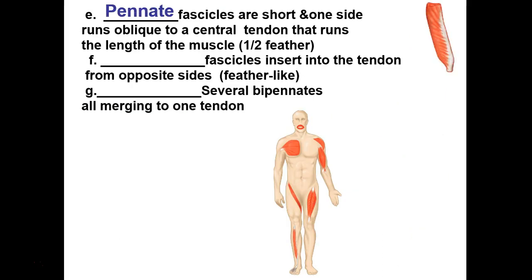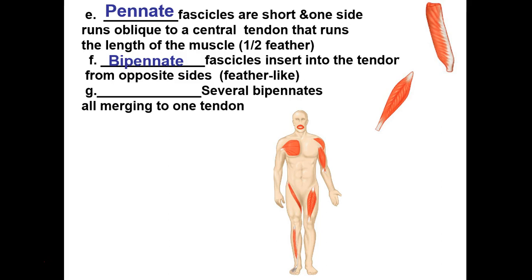Another arrangement that we see is like half of a feather. The fascicles are short. One side runs oblique to a central tendon that runs the length of the muscle. So the tendon would be like the quill in the middle of a feather, but this is only half a feather. And so this would be a unipennate, and a muscle down in your lower leg in the front would be an example of a unipennate muscle. If we put two of those together, a prefix for two would be bi, so we have a bipennate situation, and this is your complete feather.